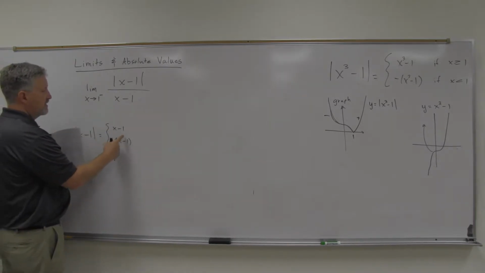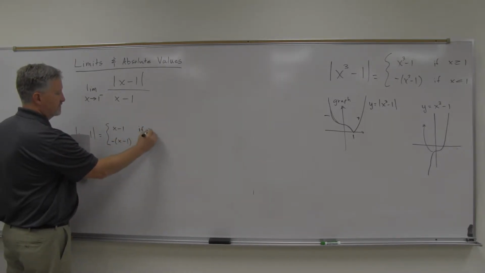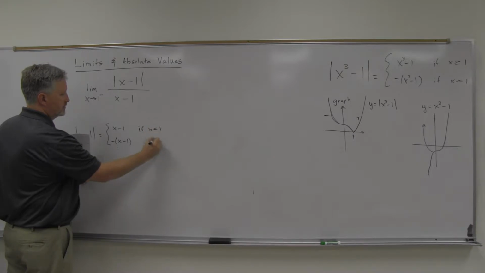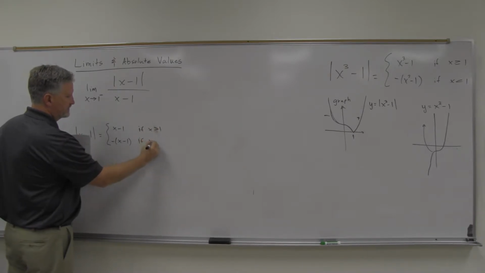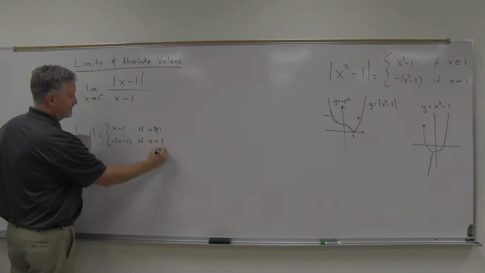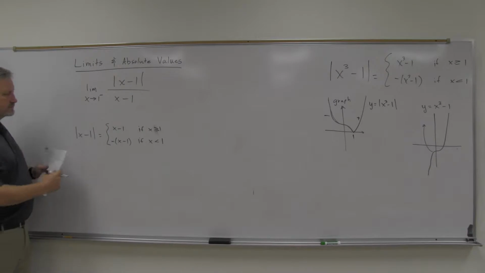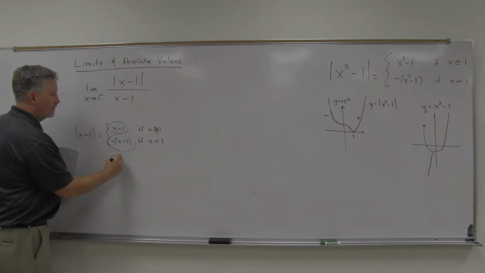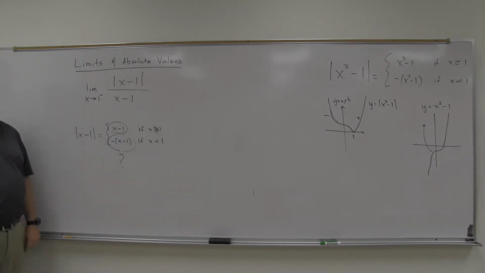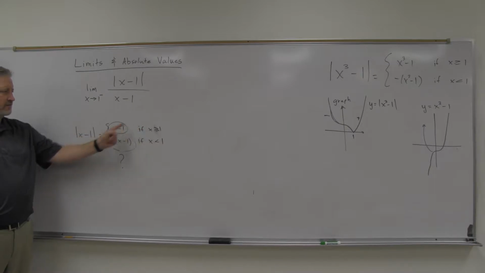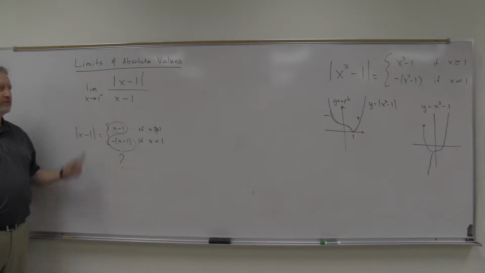Well, if x is greater than 1, sorry, I've done them backwards here. The equal to part doesn't matter. Which one of those am I going to use here? If this is the x greater than 1 part and this is the x less than 1 part, which one am I looking at in this particular case?